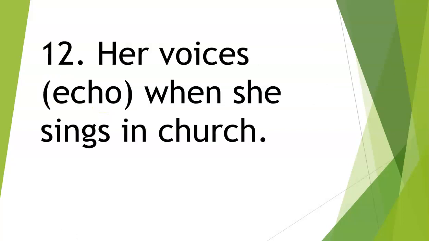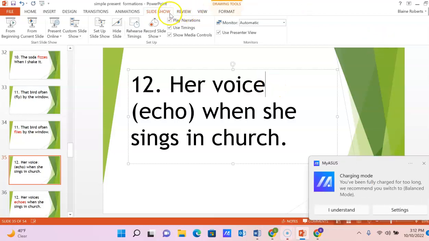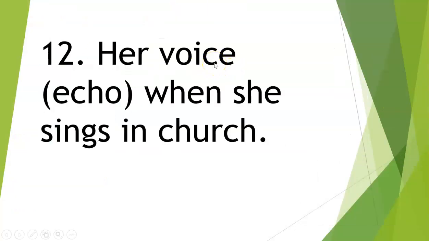Okay, let's go on to number 12. Her voice, this is an error. I'm just going to take off the s. We only have one voice, right? So her voice echo when she sings in church. So here we've got a verb that ends in O, right?